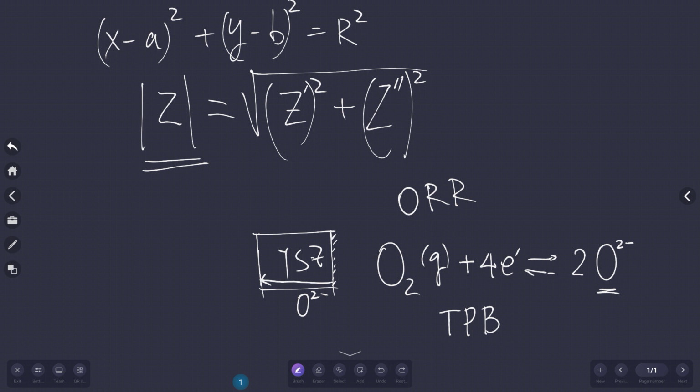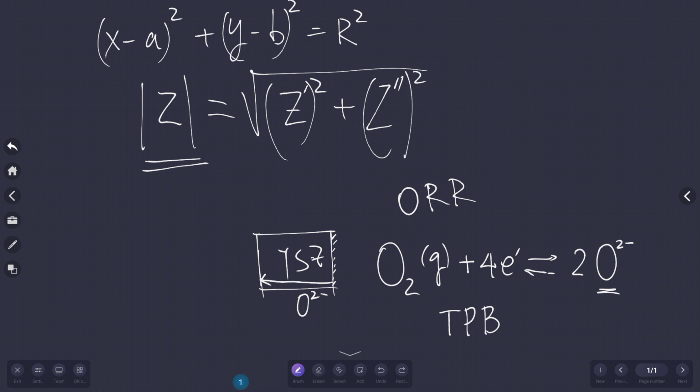You can see that you need this porosity so that the gas molecule can get to that TPB, right? So depending on what kind of platinum ink you have used and the type of heat treatment you use, the porosity may be very, very high.